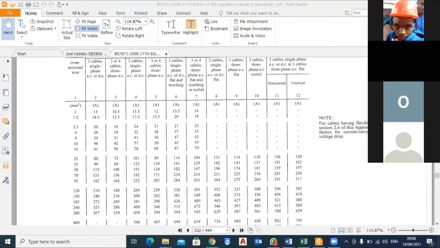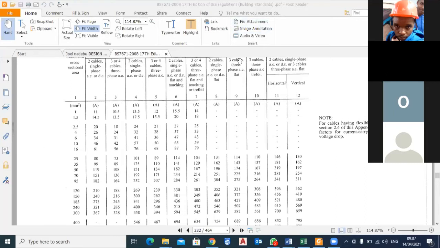But ideally, if you are supposed to go to the next cable, which is 25, you see the next cable of 25 millimeter square. Our design current still is 45.87, and in this case we can go to 63 amperes, because unajua 45, ukiona 45 ya breaker na hii 45 yako yenye umedesign iko karibu sana, you can go to the next, which is 63.